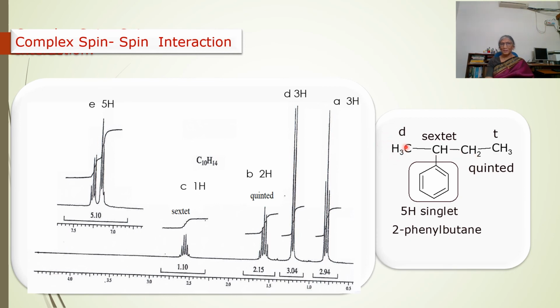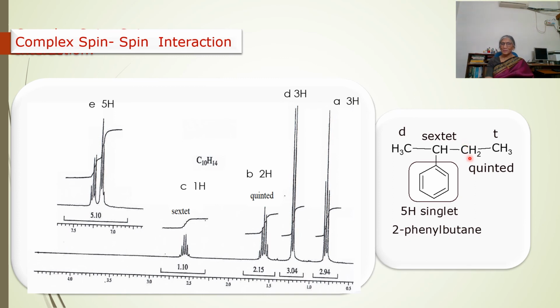At one carbon there are 3 methyl protons, and at another carbon there are 2 protons. So in all there are 5 neighboring protons, and the signal of the methine proton splits up into 6 peaks.